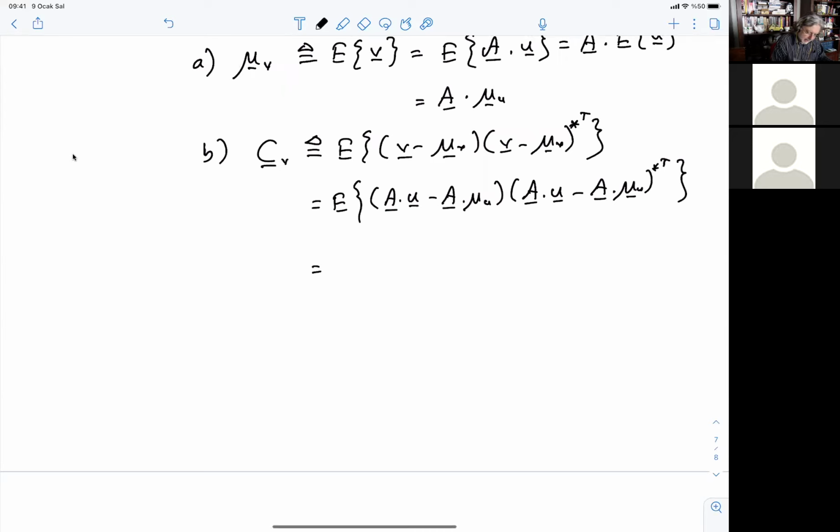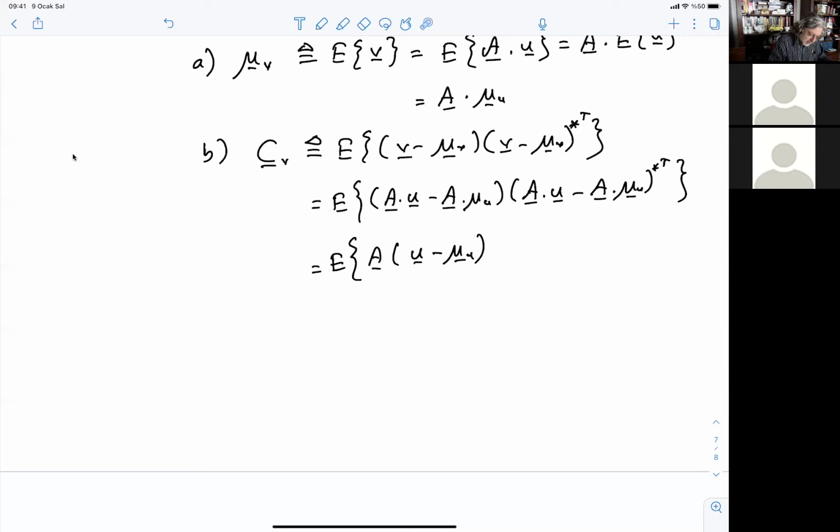And that is the expected value. Now, I can put these things into a parentheses of A, and that A can be taken out of the expectation operator from the left-hand side later. But for this time, I will just write it like this: A times U minus mu U. Okay, it's here.